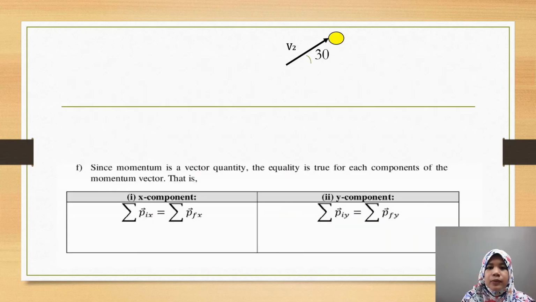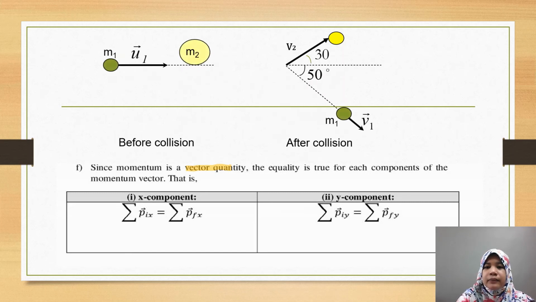Okay, since momentum is a vector quantity, the equality is true for each component of the object, which is dekat sini kita ada x component and y component. Maksudnya kita boleh resolvekan equation kita into two components, x component and y component. For example, this diagram. This one adalah momentum before collision.